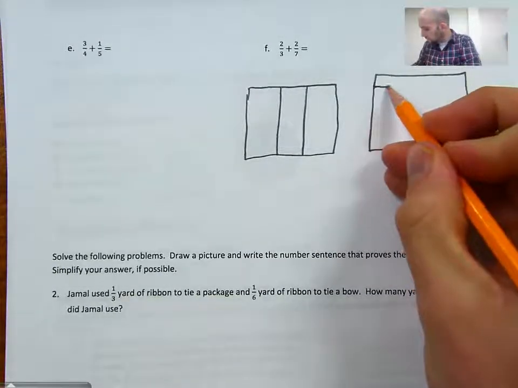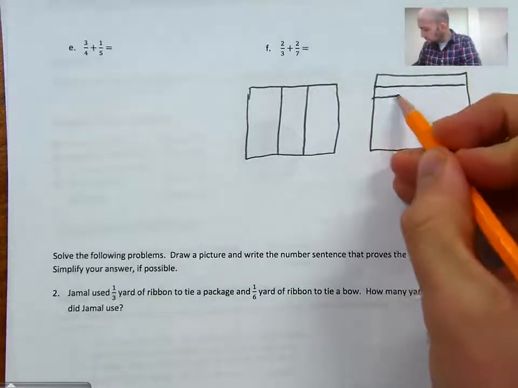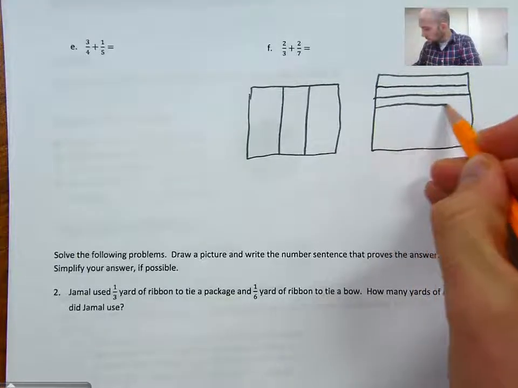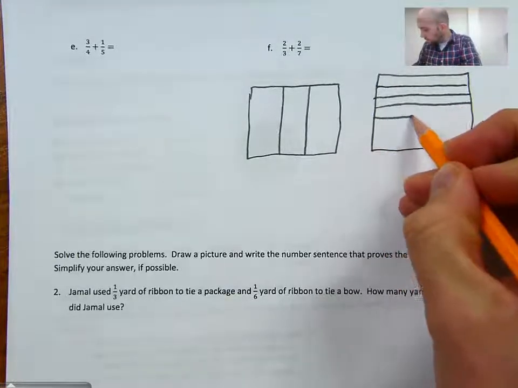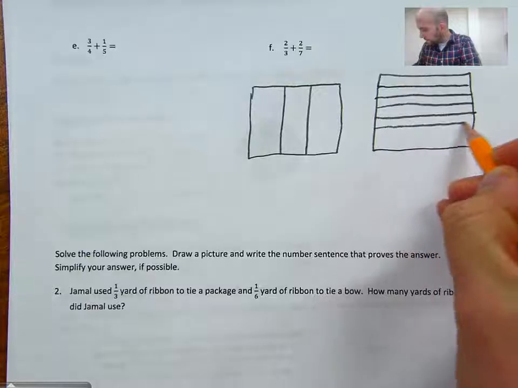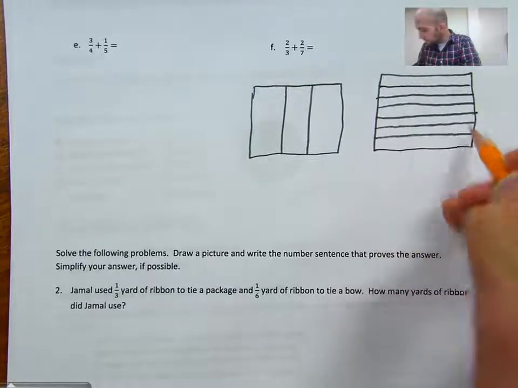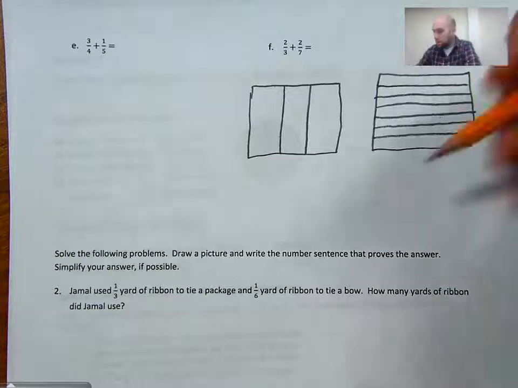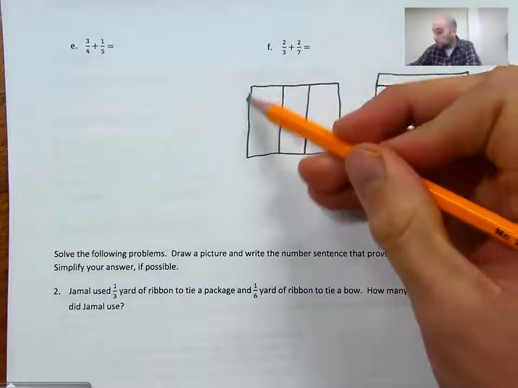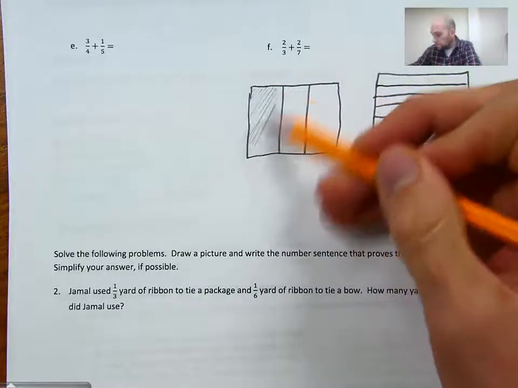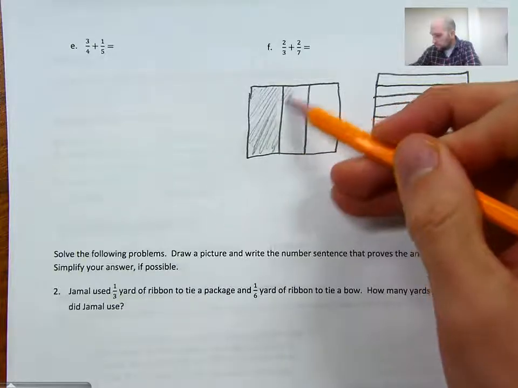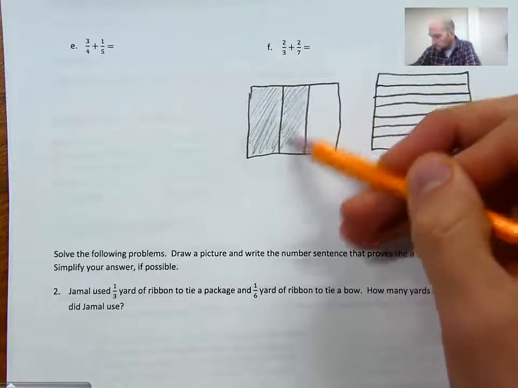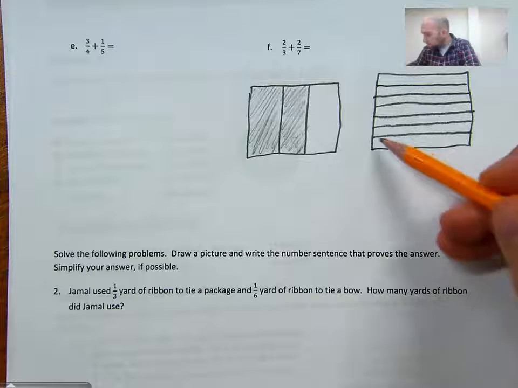We have to make them really small. 1, 2, 3, 4, 5, 6. We have 1, 2, 3, 4, 5, 6, 7 parts. Now, I have to shade 2 of these thirds instead of just 1. I have to shade 2 of these sevenths.